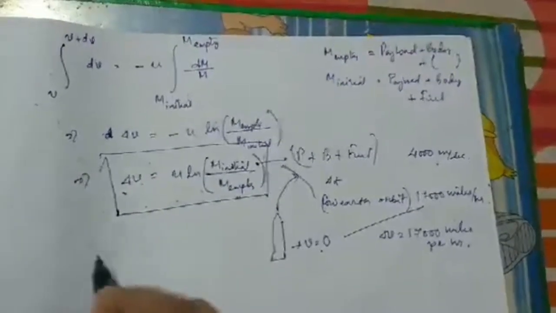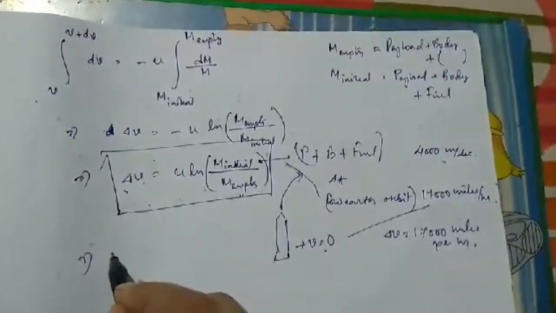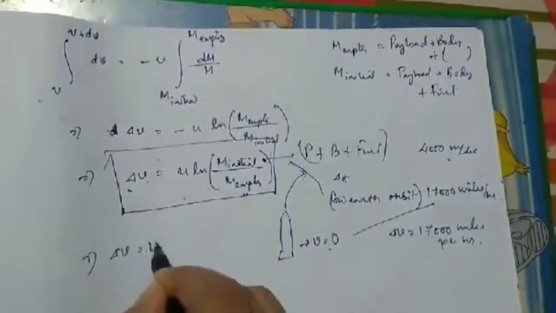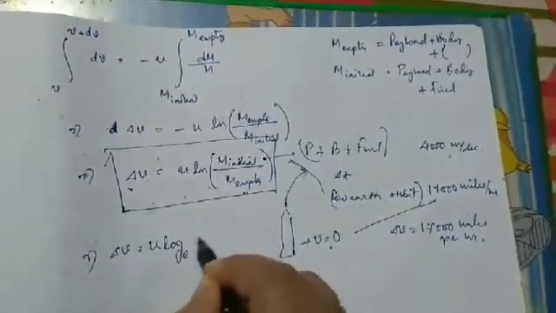Suppose from here, if I want to get m initial by m empty: del v equals u ln of m initial by m empty, where ln means nothing but log e, isn't it?